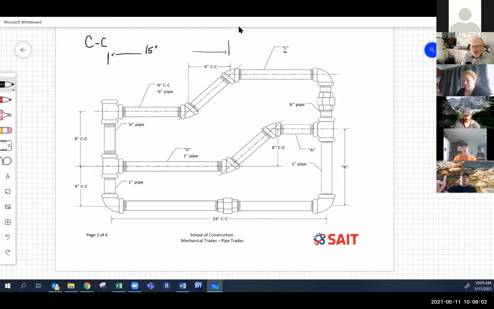So if I have 24 inches overall at the bottom, I can determine that C equals 9 inches center to center. Right? Has to equal 24.